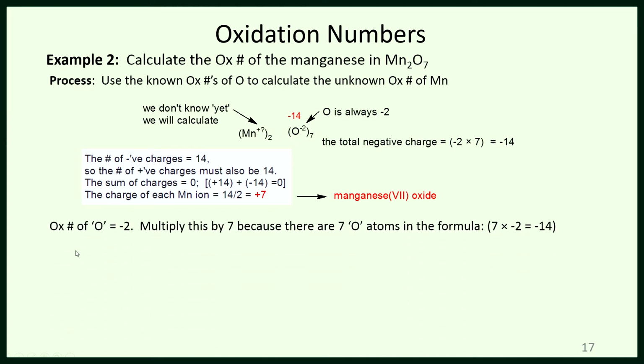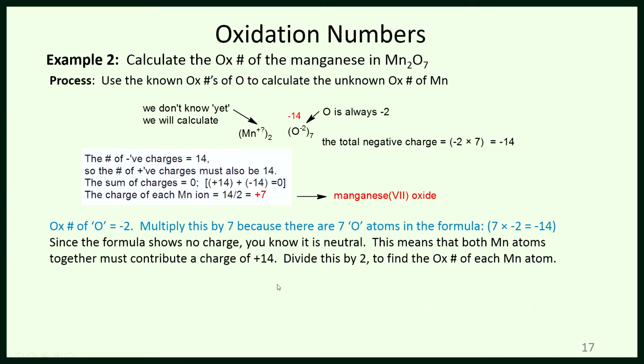We're going to multiply the oxidation number of -2 for oxygen times 7, because the formula tells us there are 7 oxygen atoms. 7 times -2 is -14, the total negative charge. Therefore, the total positive charge must be +14 so that it adds to 0.